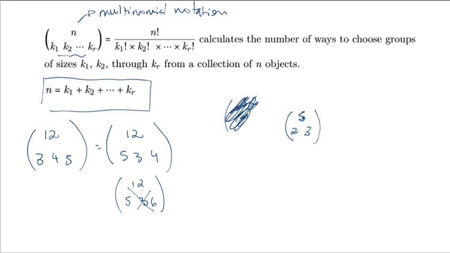We already know that if you have 5 and you choose 2, you're automatically choosing 3, right? So we just drop the second part and we use the binomial notation by itself, right? So usually you see multinomial notations when you have more than 3 groups. Okay?